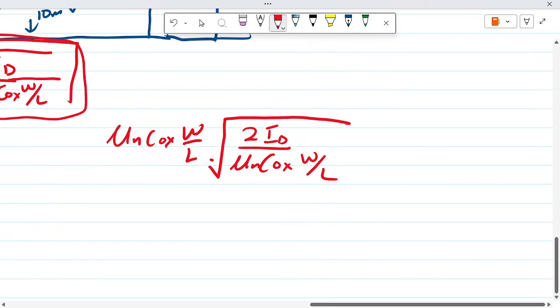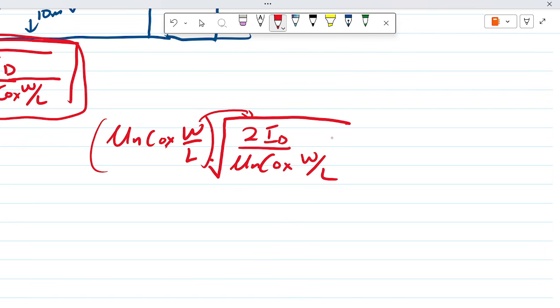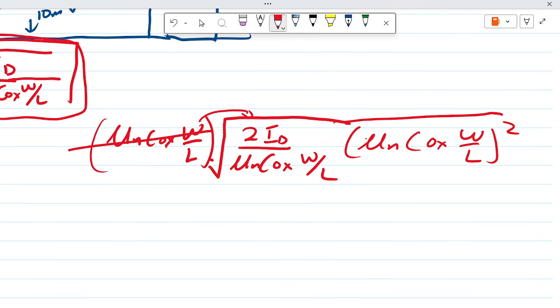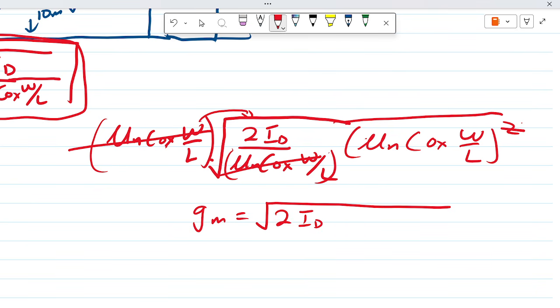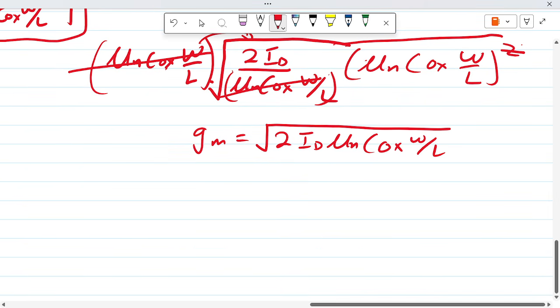If I put this back inside the square root, then the squared term would cancel one of them, and I can say Gm is equal to the square root of 2 mu n Cox W/L times ID. This gives us a lot of information about the Gm.